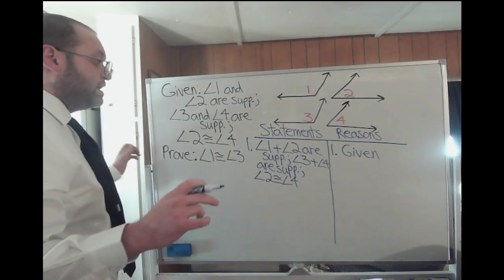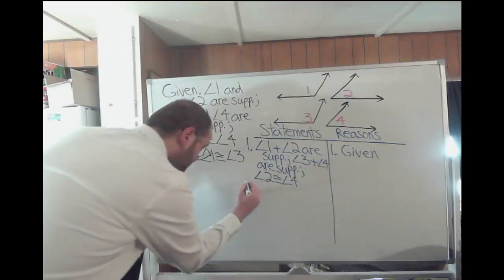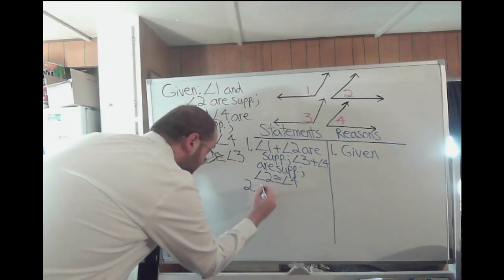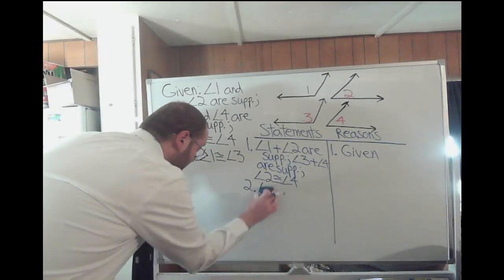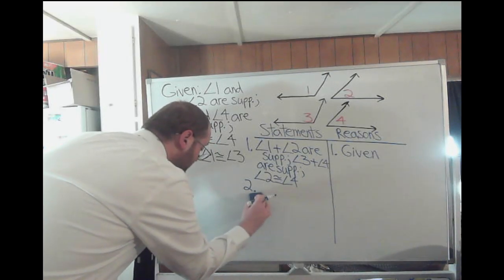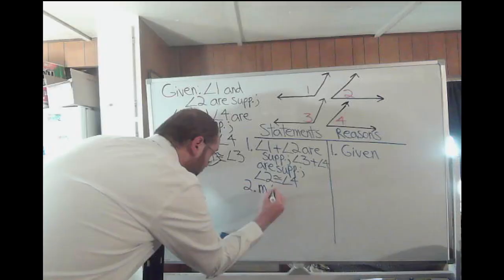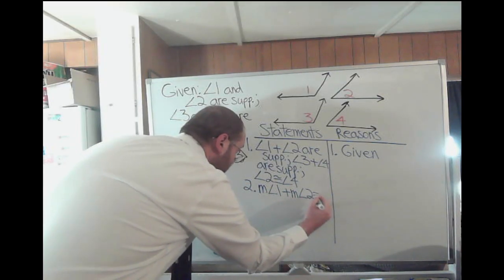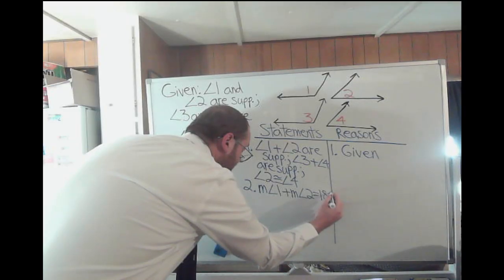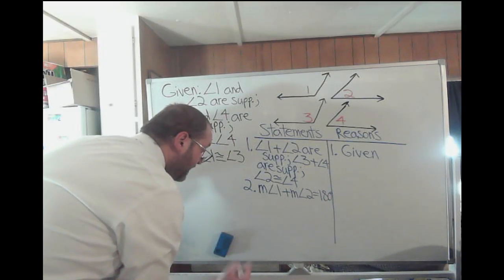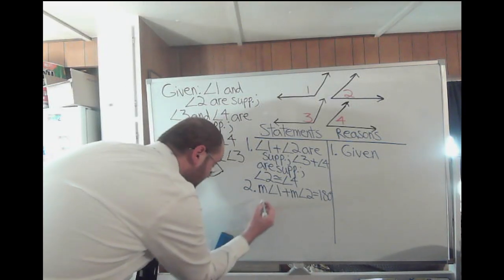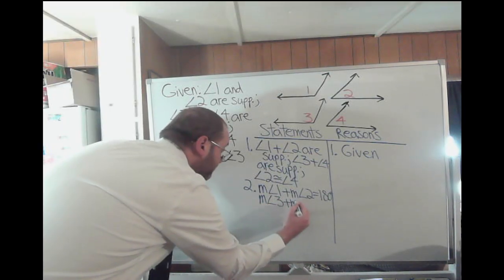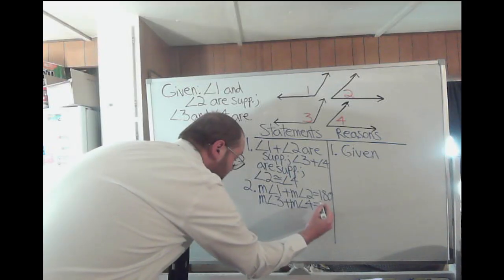Okay. If angle 1 and angle 2 are supplementary, we know then that the measure of, I better write the measure, or m, angle 1. We know that the measure of angle 1 plus the measure of angle 2 equals 180 degrees, and that the measure of angle 3 plus the measure of angle 4 also equals 180.